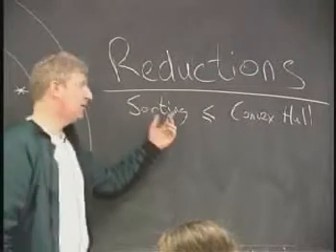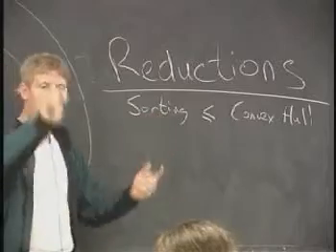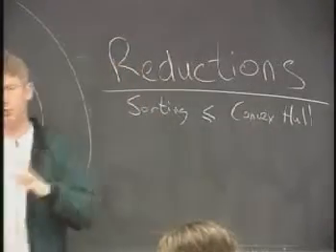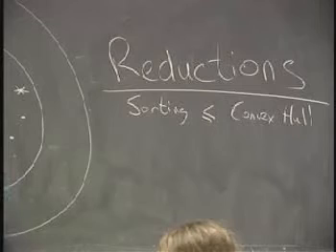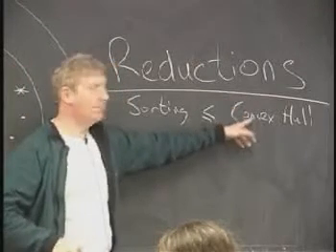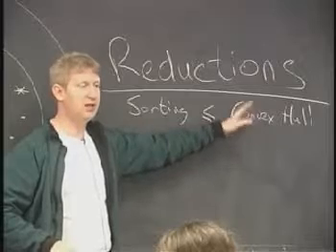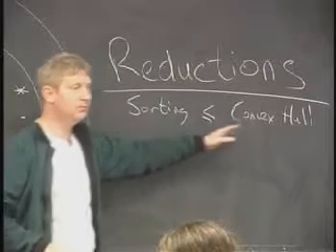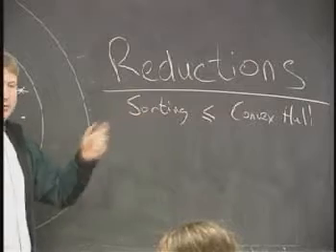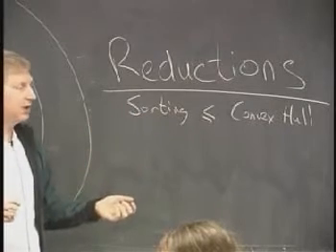We say if x is an example of the sorting problem, then do f of x and turn it into an input to the convex hull problem. You change it. And there has to be this particular property that has to hold. The new input for the convex hull problem should say yes, or be solvable, if and only if the original input to the sorting problem is solvable. That the solution of one relates to the solution to the other.